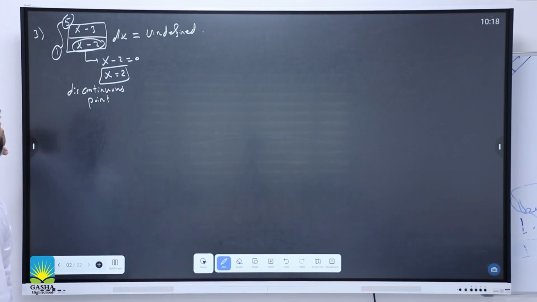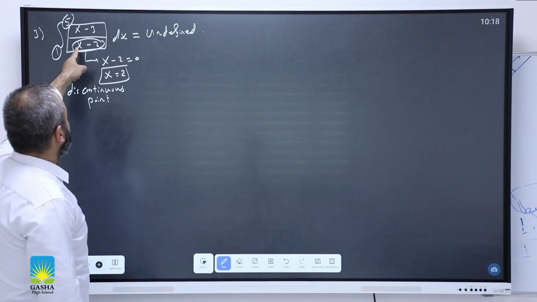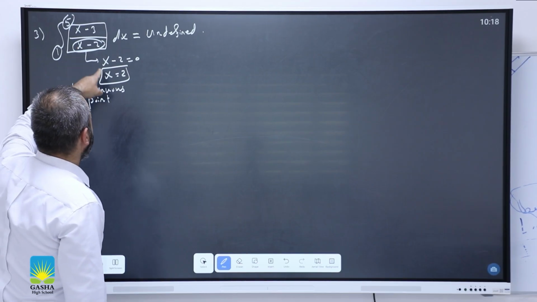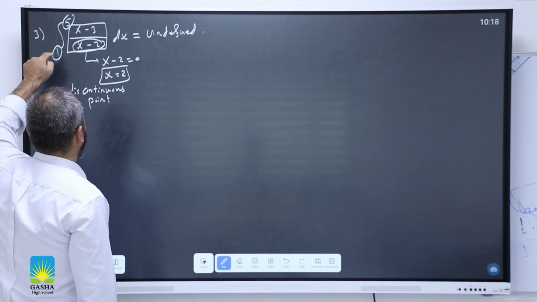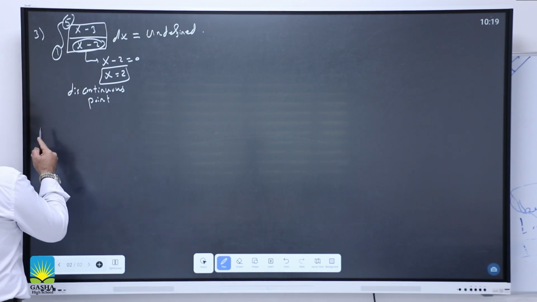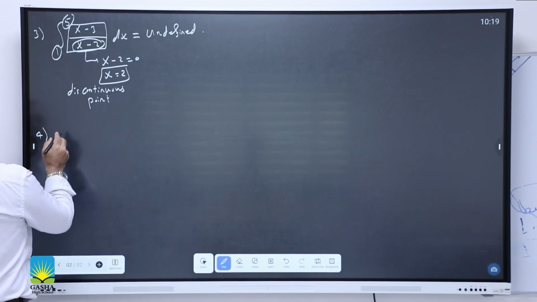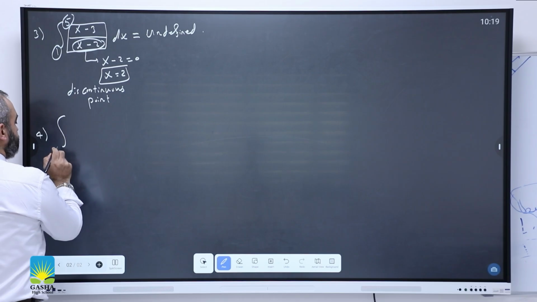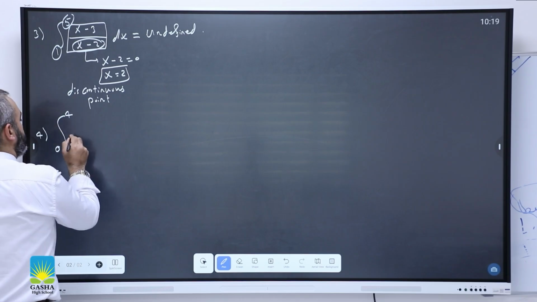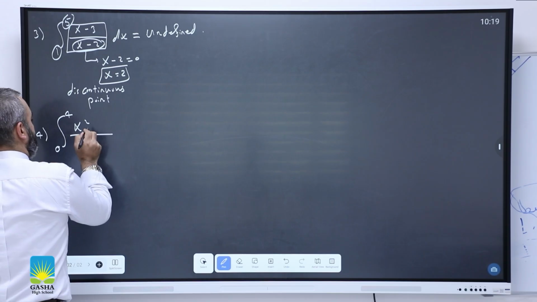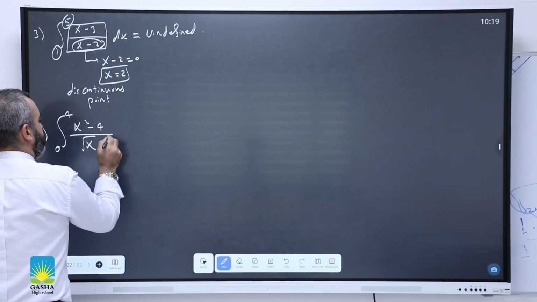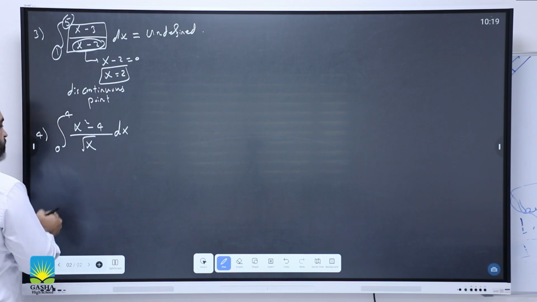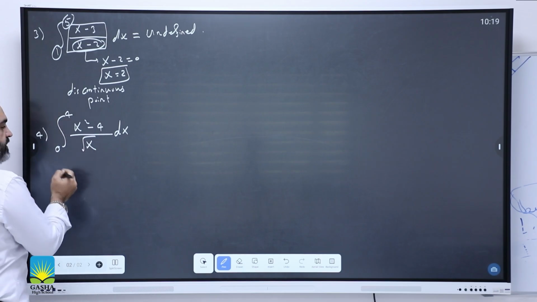Any integral where we have a discontinuous point of the function between a and b is undefined. Also we have number 4 here, the integral from 0 to 4 of (x squared minus 4) over the square root of x dx. So we have 0 here.